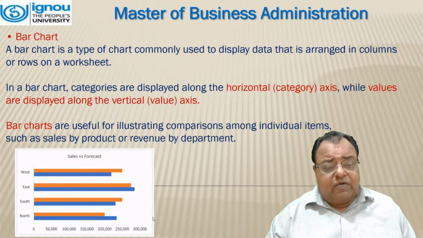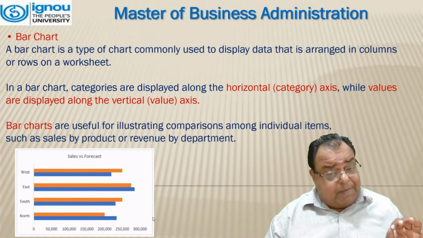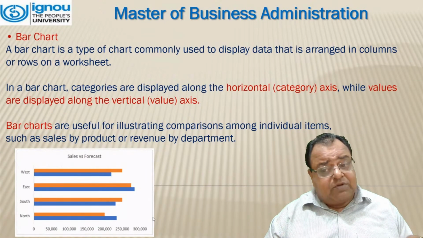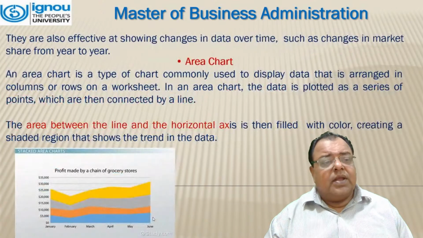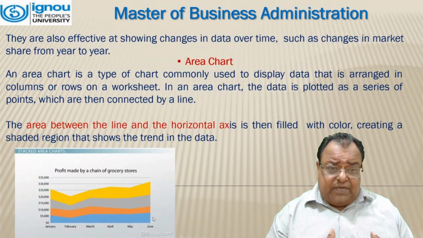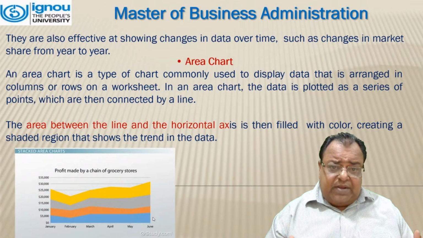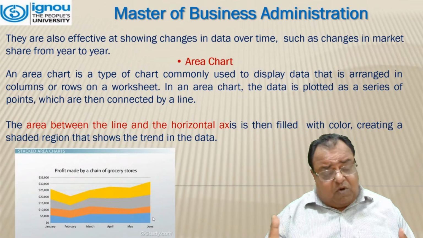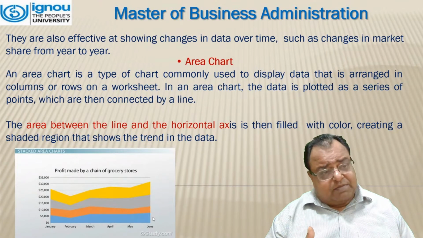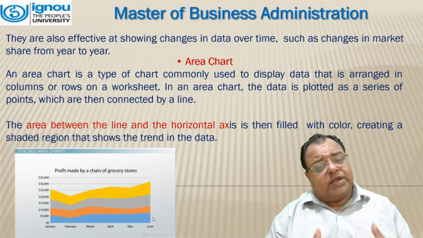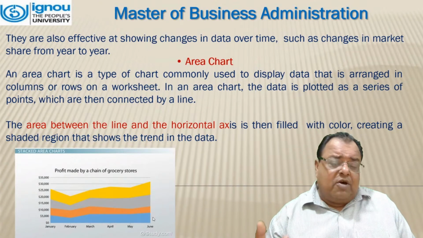Bar charts are useful for illustrating comparisons among individual items, such as sales by product or revenue by department. They are also effective at showing changes in data over time, such as change in market share from year to year.